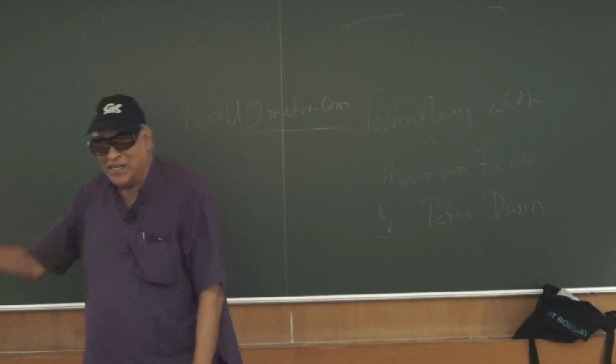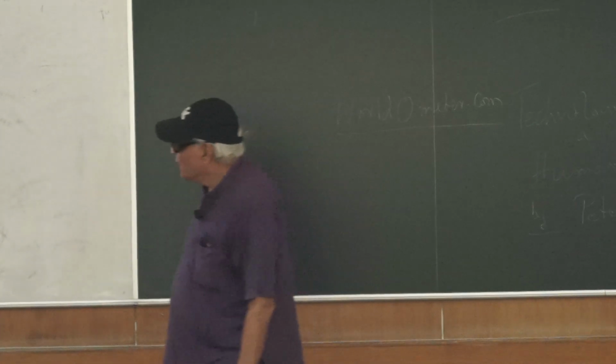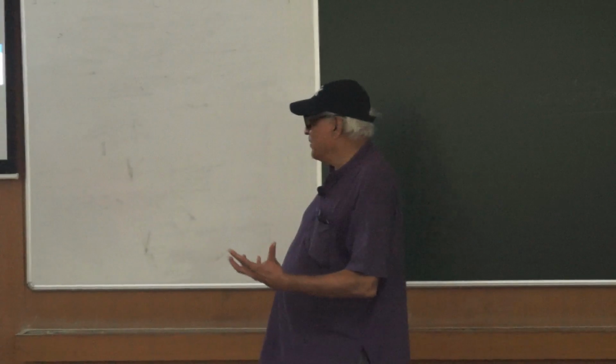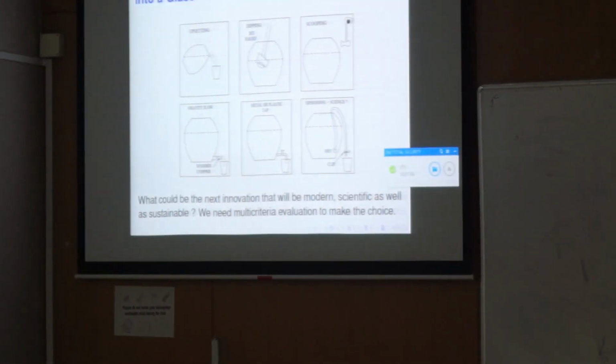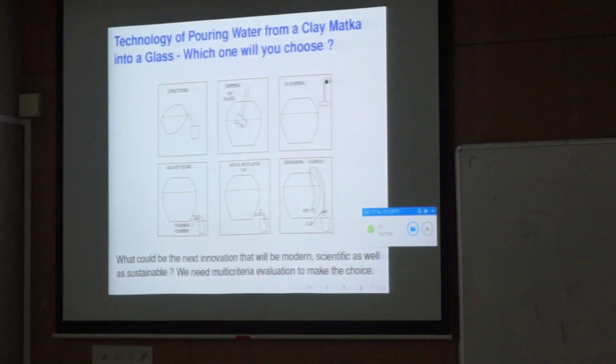I have made a comment there. What could be the next innovation that will be modern, scientific, as well as sustainable? We need multi-criteria evaluation to make the choice. What would be next?